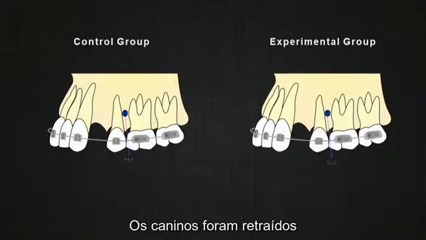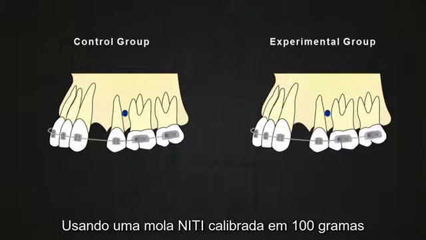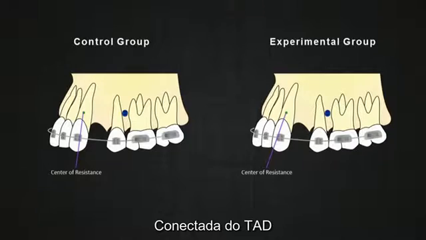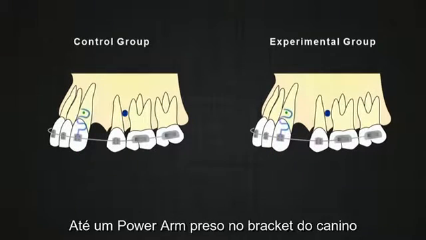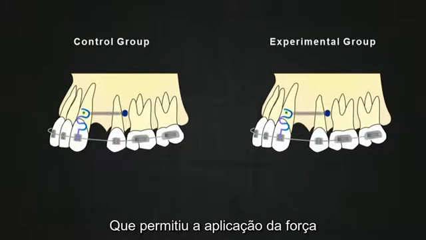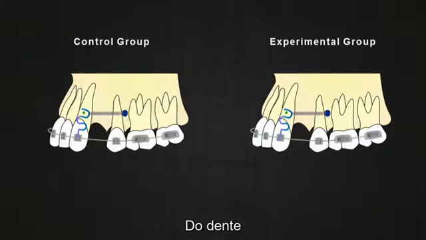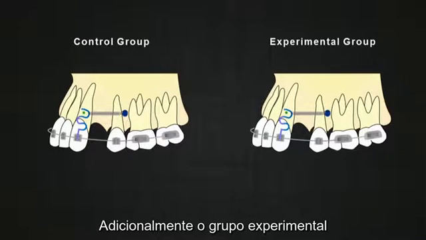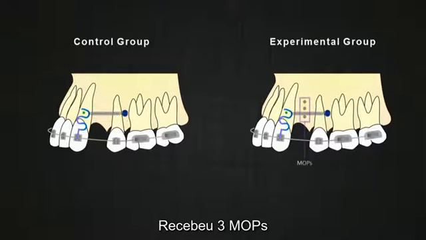In both groups, canines were retracted using a calibrated 100-gram nitinol closing coil spring connected from the TAD to a power arm on the canine bracket that allowed application of the force closer to the center of resistance of the tooth. In addition, the experimental group received 3 micro-osteoperforations on either the right or the left side prior to initiation of canine retraction.